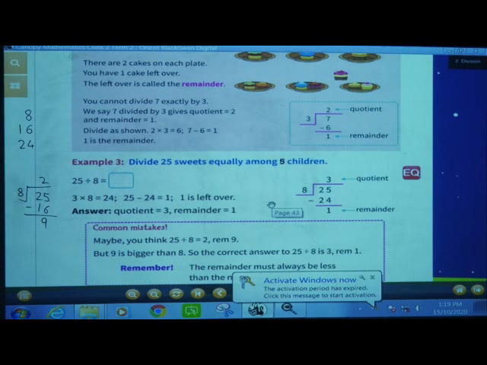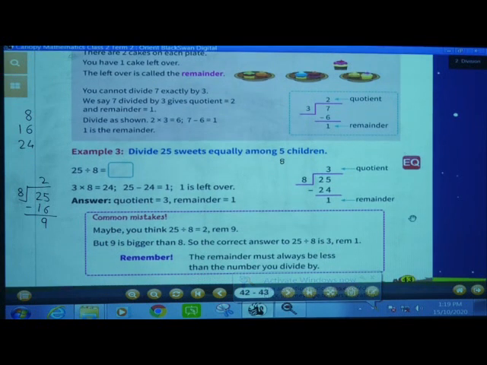We can't take this 25 divided by 8, 8 twos are 16, remainder is 9. No, because 9 is bigger than 8. Remember students, the remainder must always be less than the number you divide by.